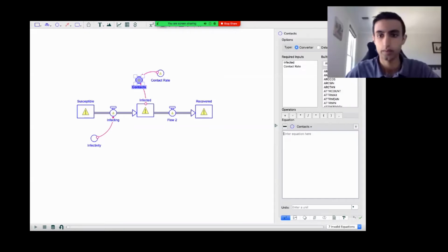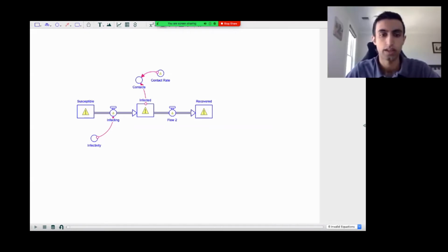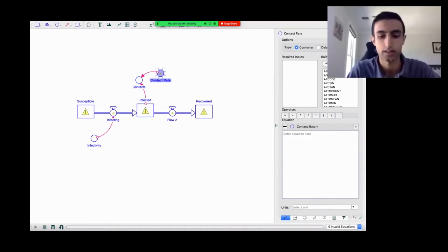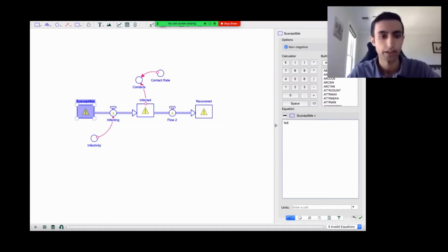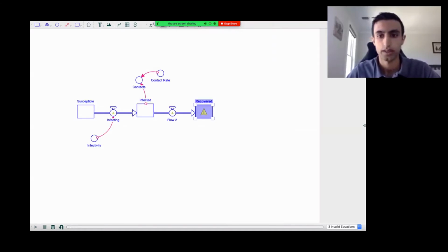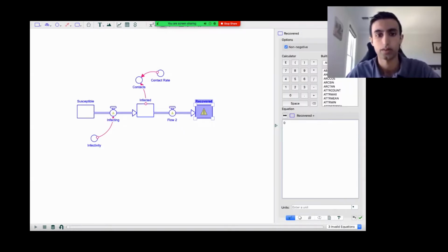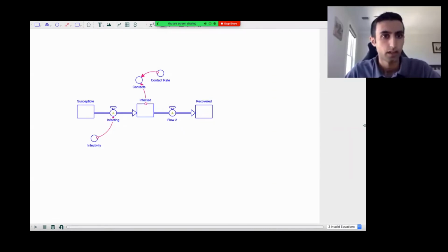So if we multiply infected by the contact rate, then we get the number of contacts from infected people, and we'll just say that the contact rate is 85. And then also to prime the model, we'll say that there's 1 million susceptible people, 1 infected person, and 0 recovered people. What we also need to do before we start is use a summation converter to find out the total population.